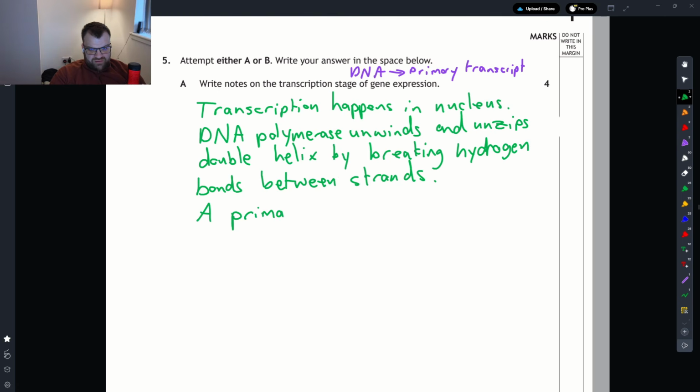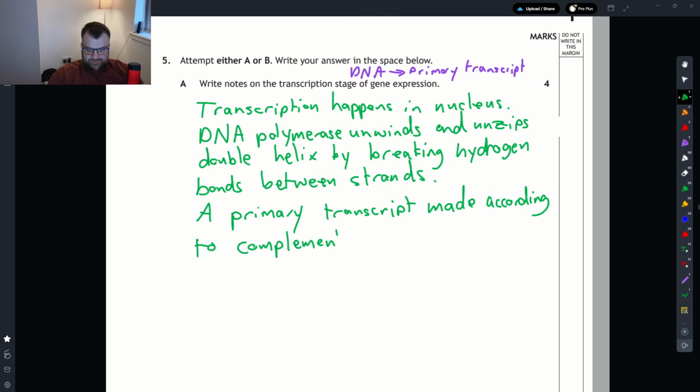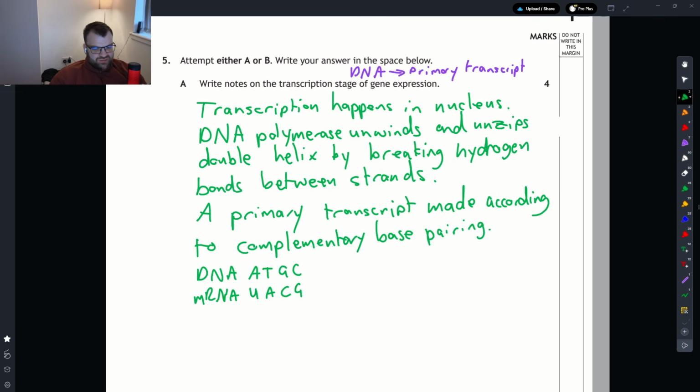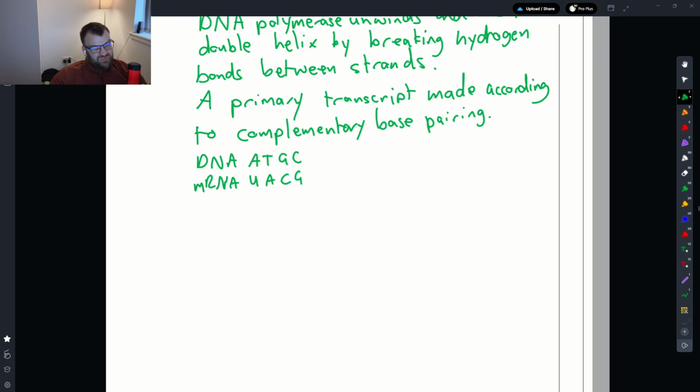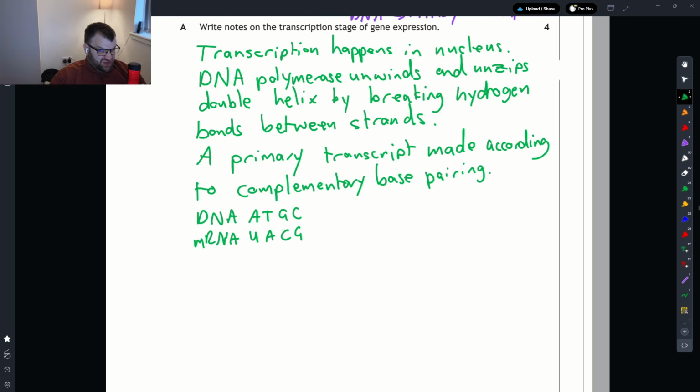And then you're going to form the primary transcript. That's when you need to deal with the complementary base pairing. And here it's important to remember that the DNA will have the thymine and the mRNA will have uracil instead. Now, that should be enough to get 4 things.